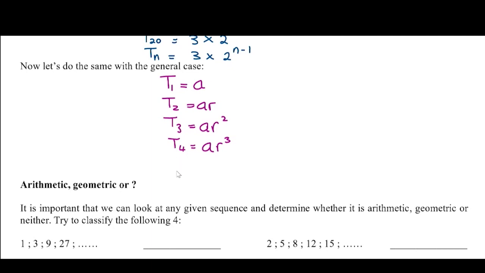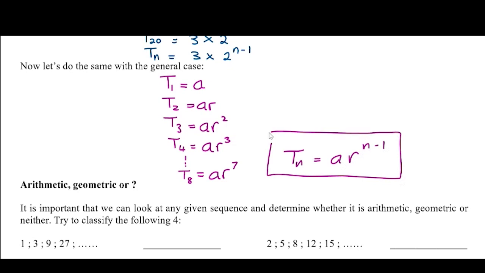So for example, maybe our 8th term would be ar to the 7, 1 less than the term number. Right, and importantly, our nth term will be ar to the power of 1 less than the term number. So this is really the important formula for a geometric sequence.